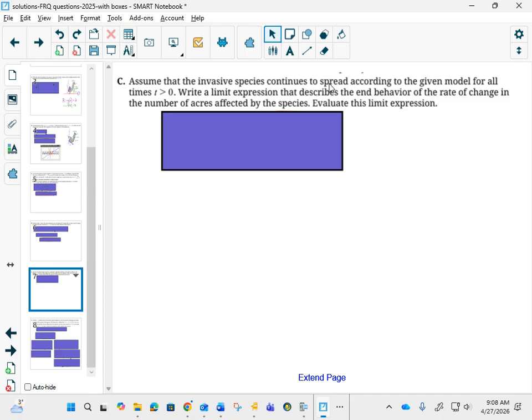Assume that the invasive species continues to spread according to the model for all times greater than 0. Write a limit expression that describes the end behavior of the rate of change in the number of acres affected by the species and evaluate this limit.